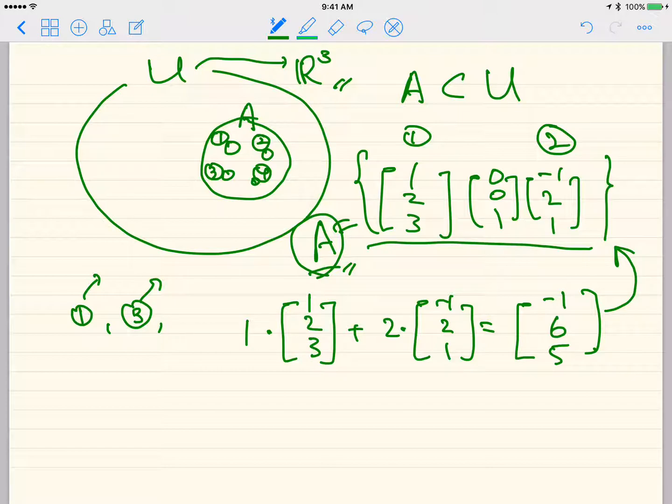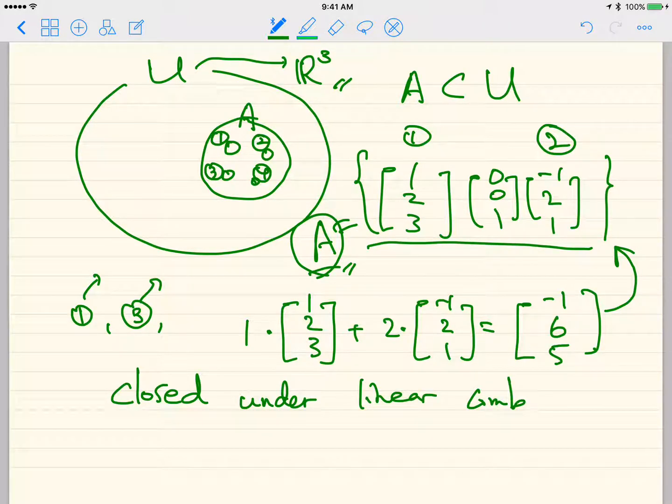So in other words, subspace should be closed under linear combination.